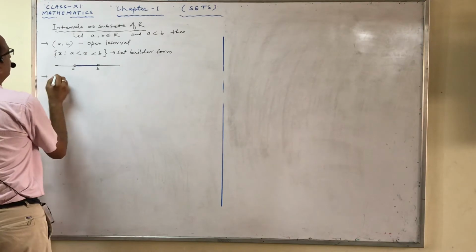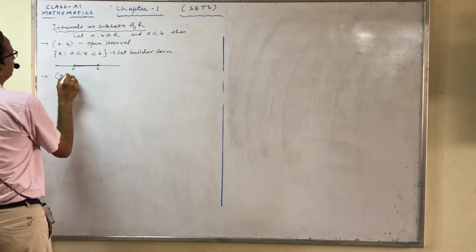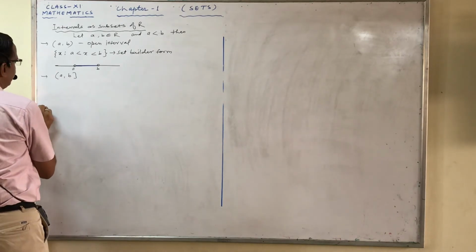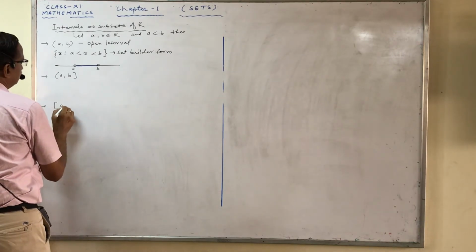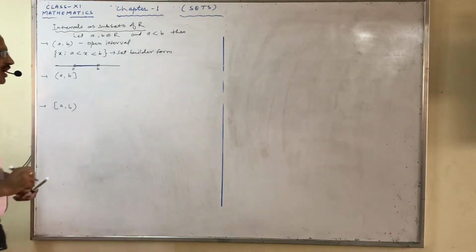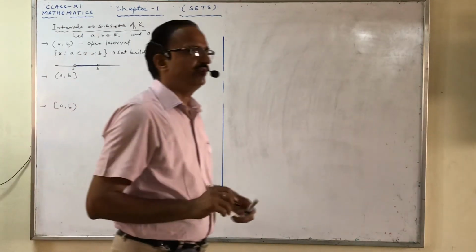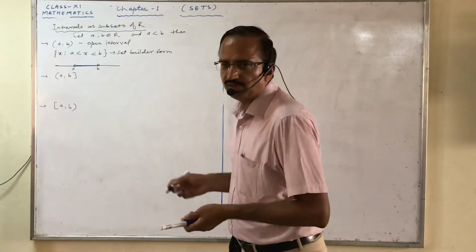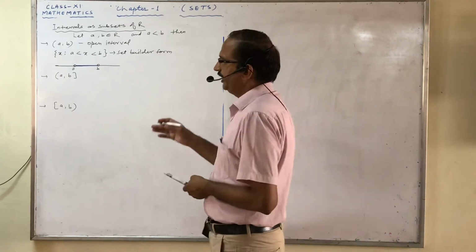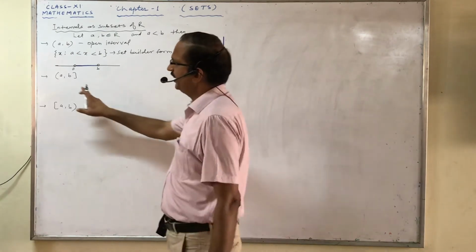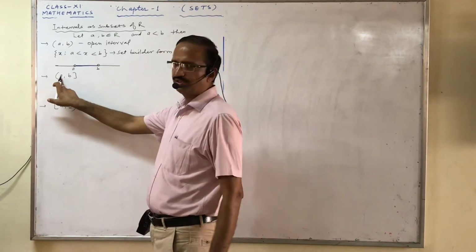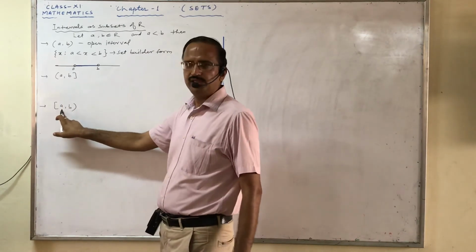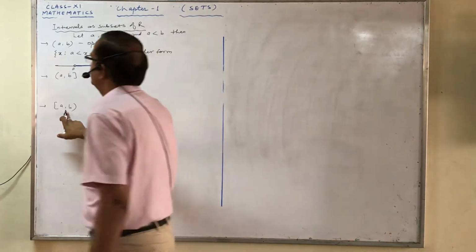Second, if the interval is like this or like this, both are open from one end and closed from other end, but both are called open intervals from A to B. In this case, A is excluded, B is included. In this case, A is included and B is excluded.